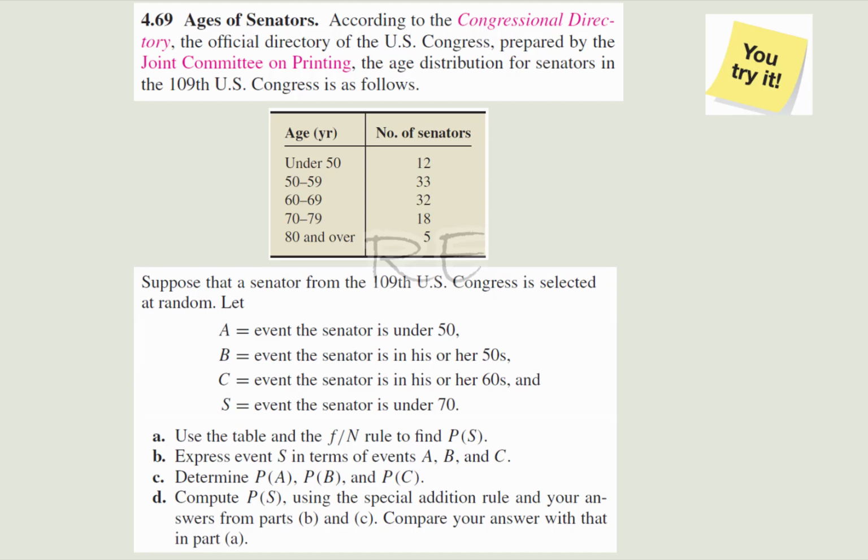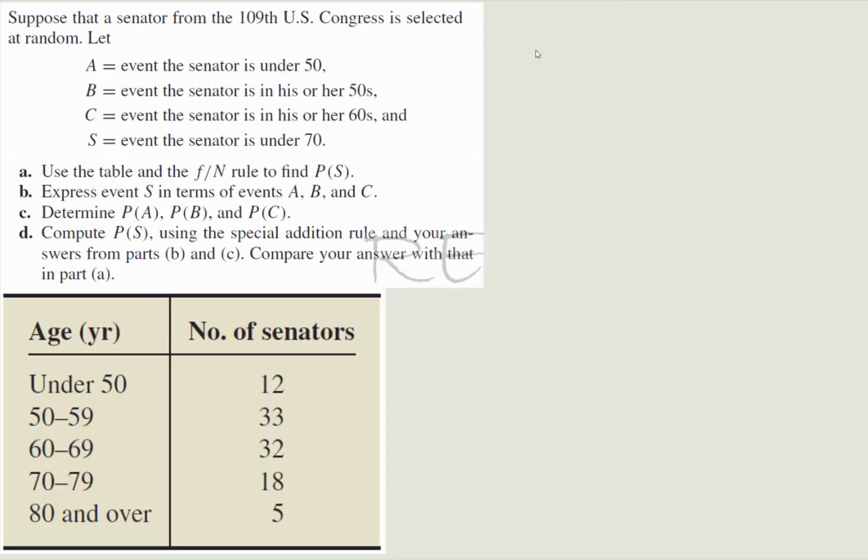This problem deals with the age of senators. Remember that we have 100 senators and they give you different events. Now, they say use the table and F over N rule to find P of S. P of S is the event that the senator is under 70 years old.